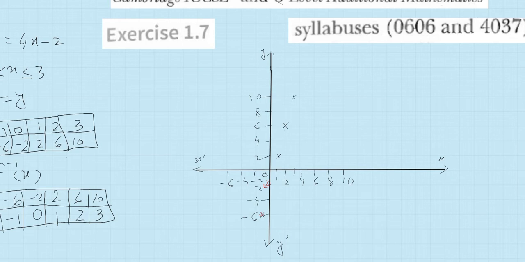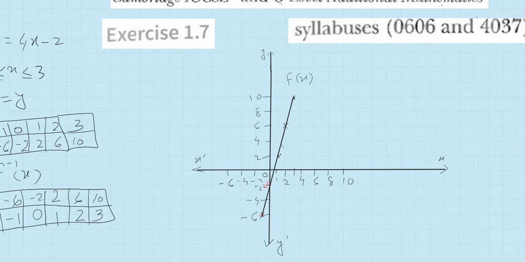This is the correct position. Now I am going to join all the points. Here we go. This is the graph of f(x).